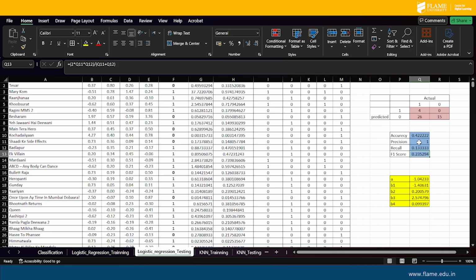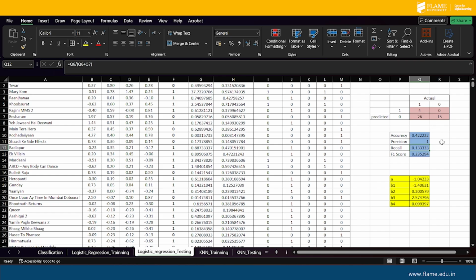Based on these values you can assess how well your model is performing. This model is accurately predicting the cases 42%, and precision indicates how well it is detecting the cases of 1, and recall indicates how well the actual ones are predicted in this case.